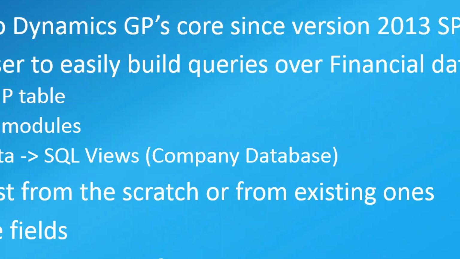Another functionality that we have here is that all the definitions that you make through the Smart List Designer can be exported. It means, for example, you have a separate test or development environment, so you can start working there, create your new Smart List, and make tests.